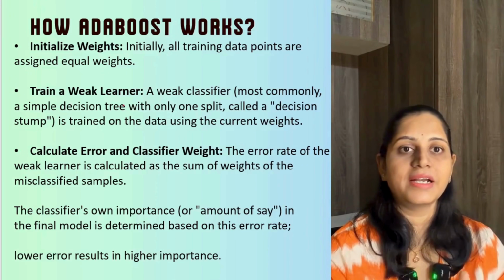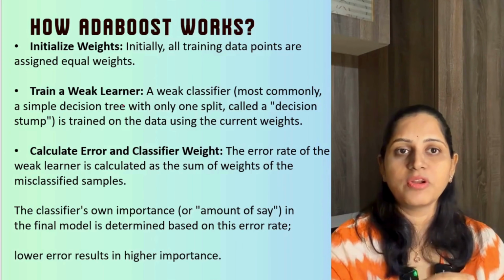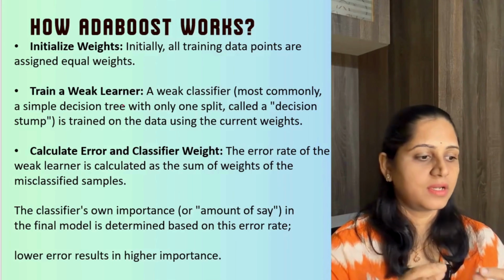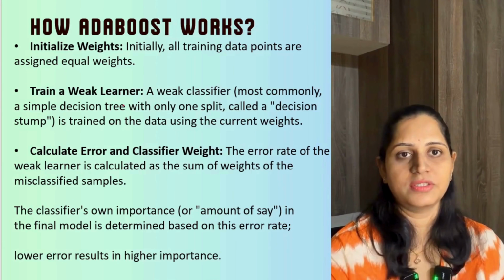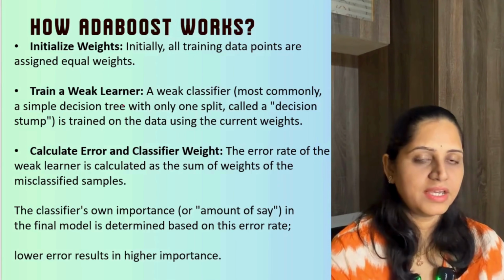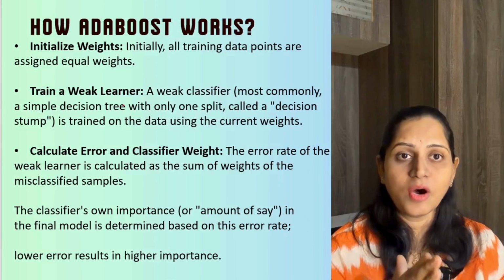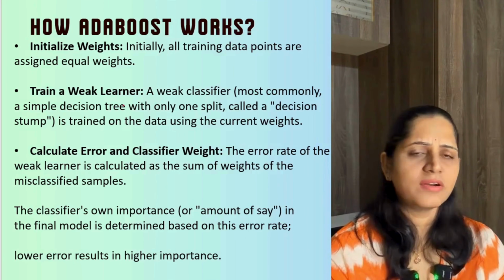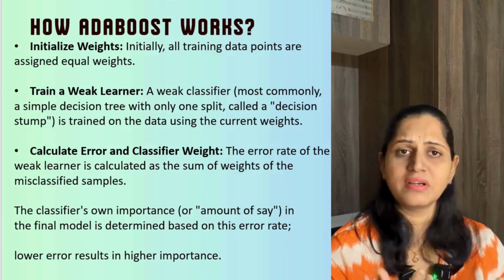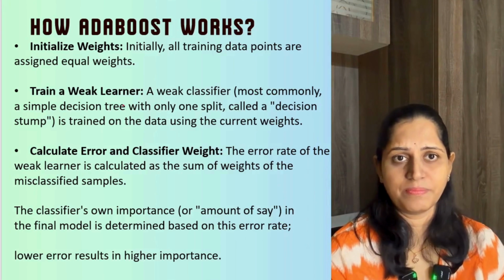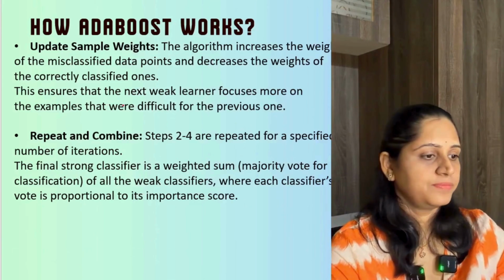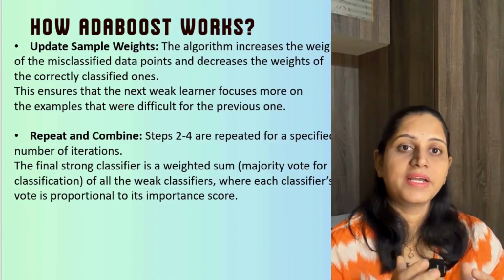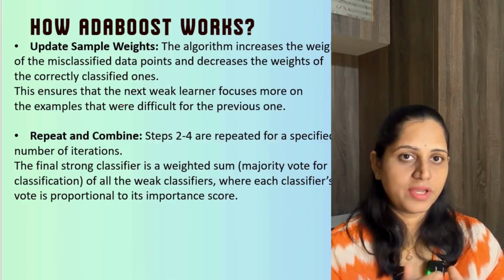With that, we understand one more important point, which is the classifier's importance. That means we understand how important that particular classifier is, and of course, a low error means high importance of the classifier. Then we are going to update the sample weights. Now we got our error.